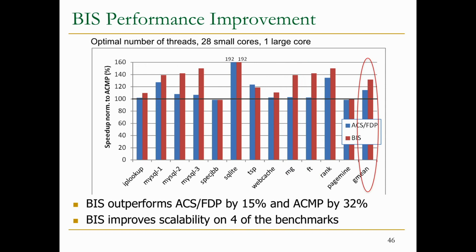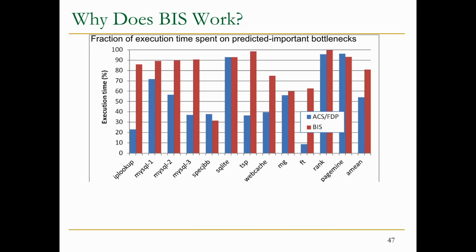It also improves the scalability of 4 of the benchmarks compared to the best previous mechanisms. So there's another question: why does this work? It's good to do this sort of study, and it is not very easy to do, because we wanted to identify the critical path of a program and what fraction of the time we're correctly capturing that critical path.